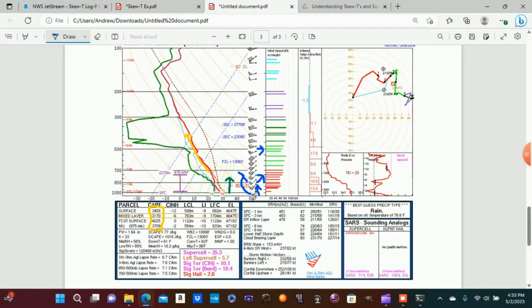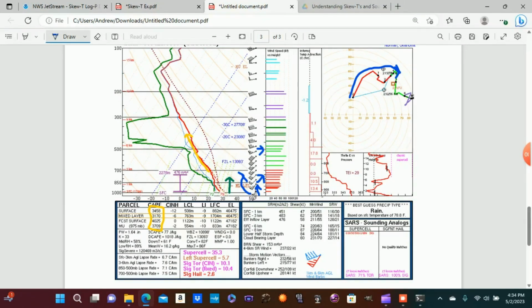And so next we're going to look into the hodograph. This veering wind profile that we've discussed here can be seen on our hodograph here. And this creates a large looping hodograph in the lower levels. And so this large looping hodograph here is the feature that is most favorable for tornadic supercells.